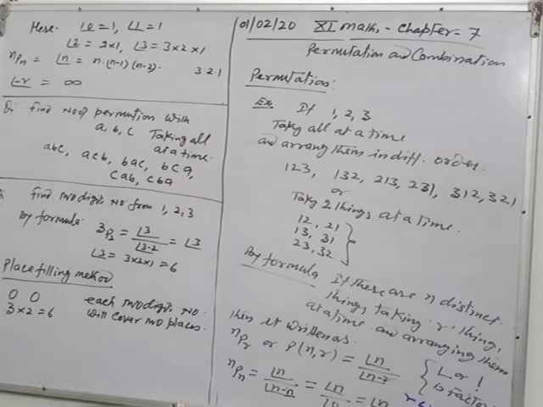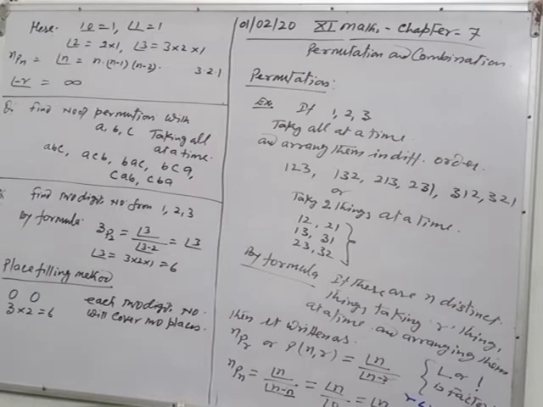Or in other words, if you have three different books, in how many ways can you arrange them on a shelf? First arrangement is starting with A, B, C, you can interchange B and C. So starting with A, A, B, C and A, C, B. When you start with B, B, A, C and B, C, A. When you start with C, C, A, B and C, B, A.